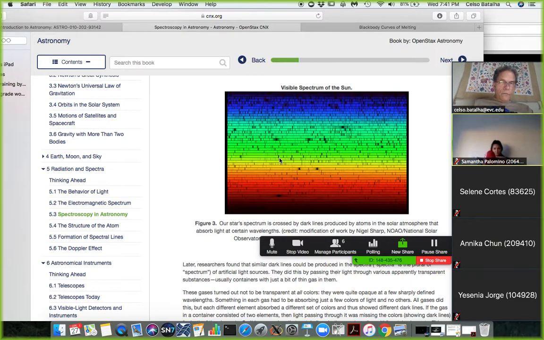Now, if you become an astronomer, if you find this subject so interesting that you say, okay, I want to be an astronomer, I want to be a graduate student, I want to spend the next 4 years of my life doing all these fun and exciting studies.